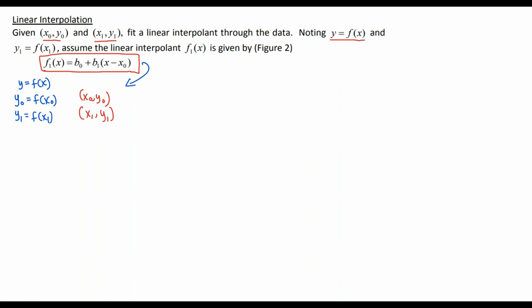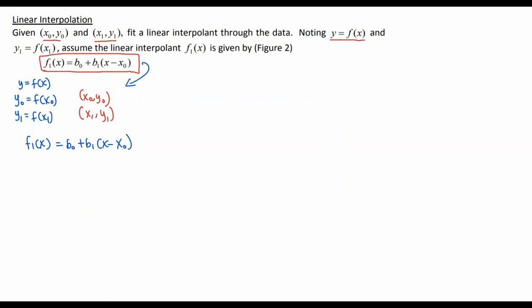So the polynomial function is f1 of x because it's a first order polynomial function. That's what the one there means. So f1 of x is given as b naught plus b1 multiplying x minus x naught. This is the function that we are assuming to go through the data points.